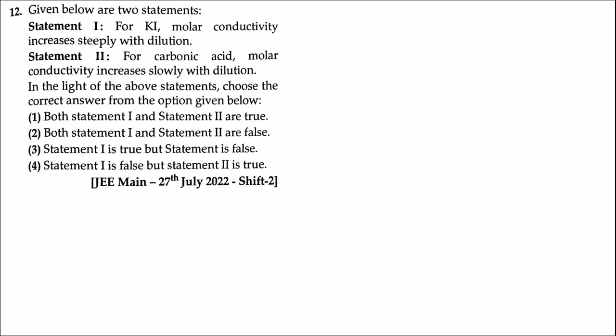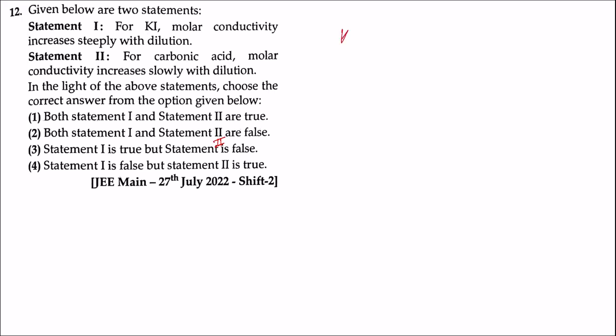Option 2, both statement 1 and statement 2 are false. Option 3, statement 1 is true but statement 2 is false. And option 4, statement 1 is false but statement 2 is true. Statement 1, for potassium iodide, molar conductivity increases steeply with dilution.